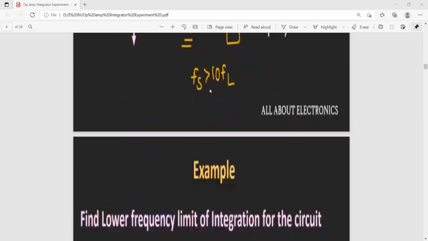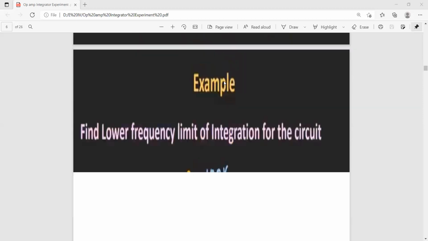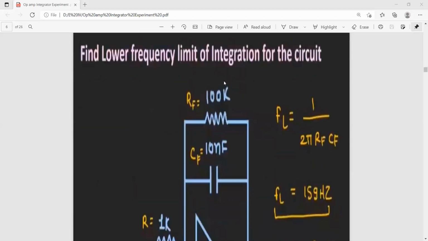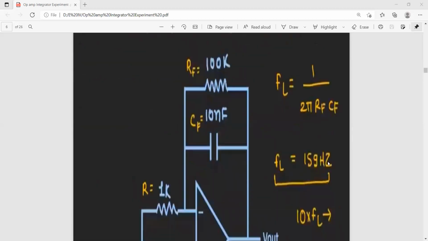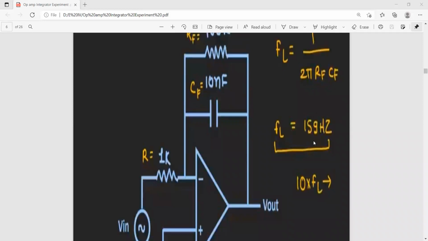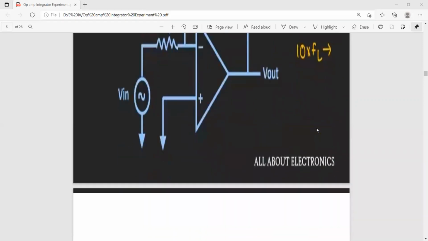That is, Fs is larger than 10 times FL. So if FL is equal to 159 hertz, 10 times this is 1.59 kilohertz.